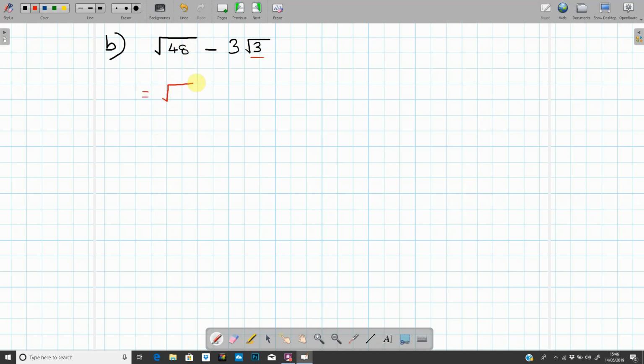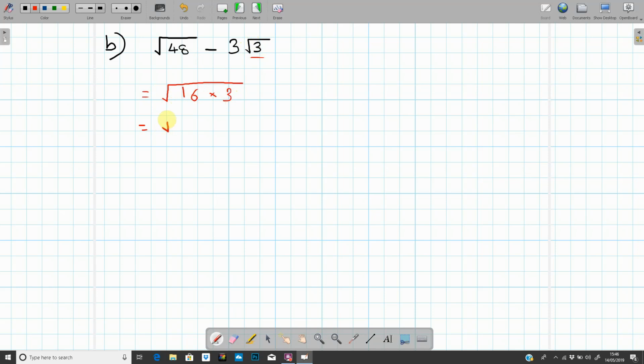So, neglecting this one for now, we'll deal with the square root of 48. Like before, big square root, and we say, right, we need two numbers that will multiply to give you 48. However, we've been given a clue. We need to incorporate the number 3. So, what two numbers will multiply to give you 48, one of them being 3? In that case, 16 times 3.